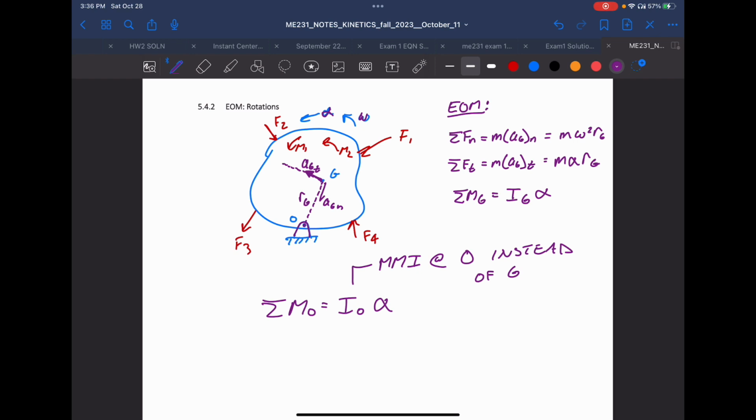You can write out inertial moments in certain ways, and people do that. That is explained often in textbooks. But essentially, if you're writing out an equation of motion, anywhere you choose to sum moments is fine. You just need to be able to calculate the mass moment of inertia at that point. Which, if you know it at the CG, then you can calculate it anywhere else with the parallel axis theorem, which is quite nice.